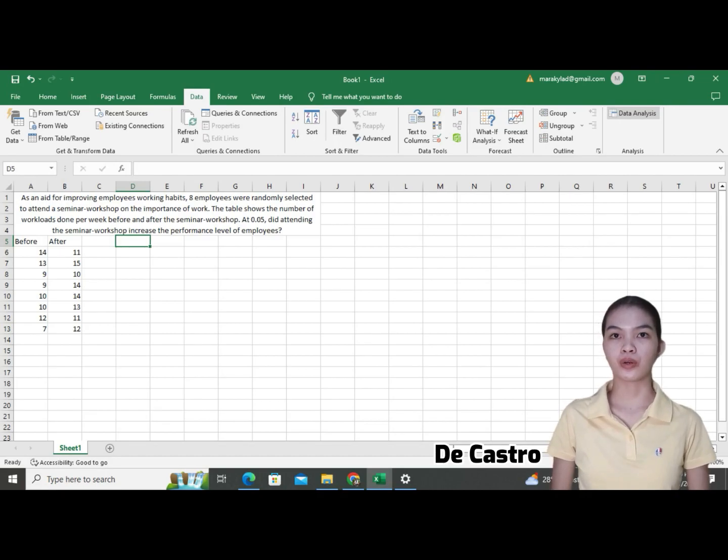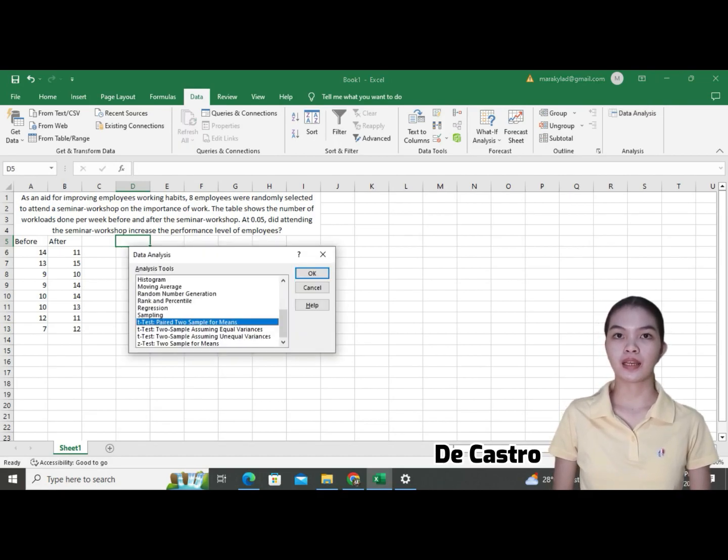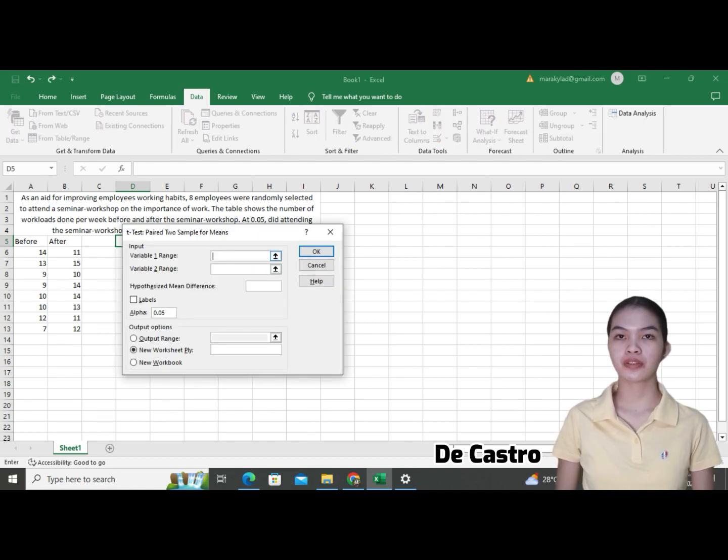First, we need to go to the Data tab, then select the Data Analysis option. Then we're going to find t-test: paired two sample for means, then click OK. First, we enter the variable range, putting in the data for before. Next, we enter the variable range with all the data for after.